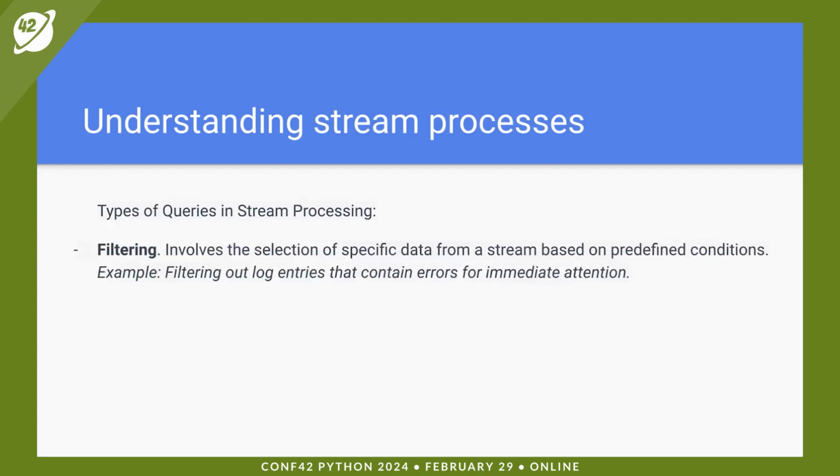The first one is filtering. This involves selecting specific data from a stream based on predefined conditions. An example is filtering out log entries that contain errors that need immediate attention. That's an example of queries in stream processing.